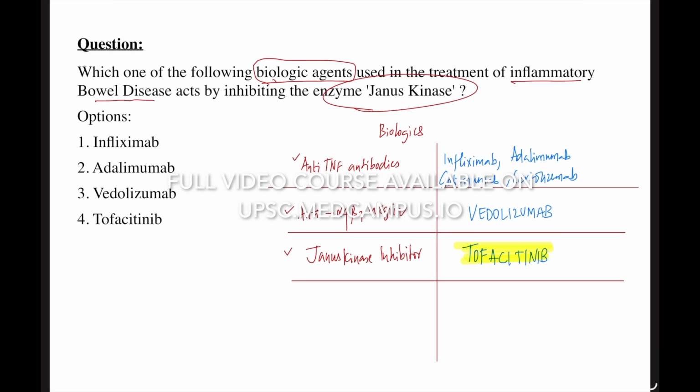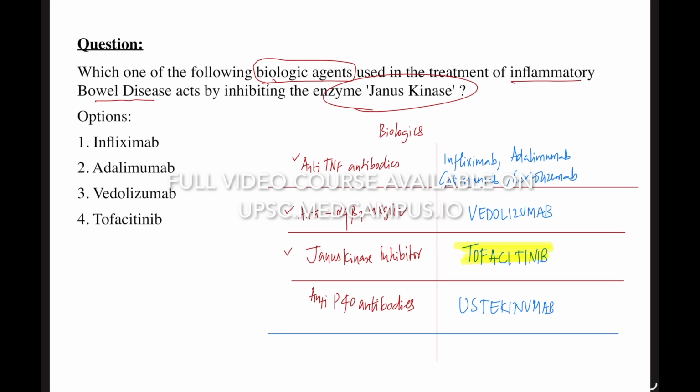Then one more category, that is anti-P40 antibodies. Under it, you have one more drug, that is ustekinumab. A little difficult to pronounce, but these are all important.